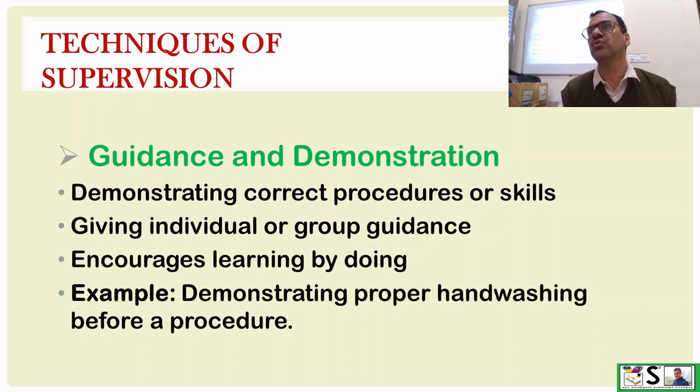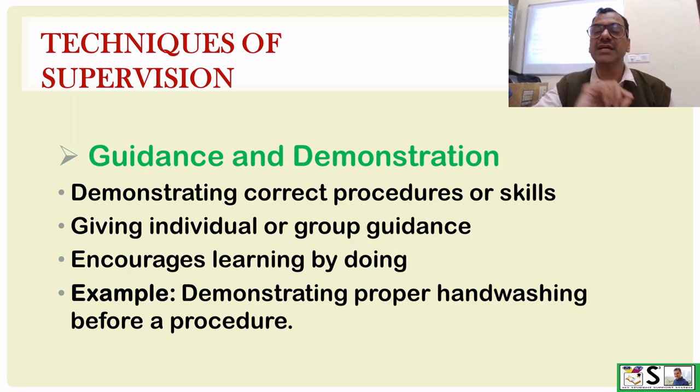It is not only observation, it is guiding, it is a type of training, so we explain to them through demonstration. So we demonstrate the correct procedure or skill, even giving individual or group guidance. If only one staff member is there, we can give individual guidance, or else group guidance.